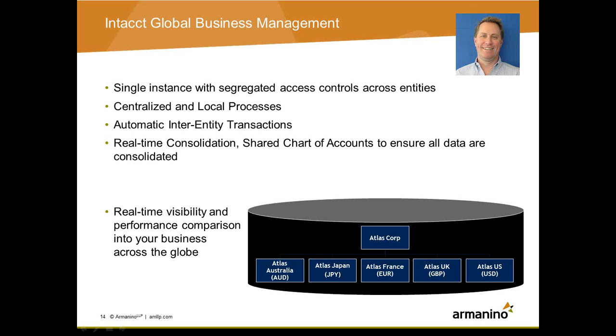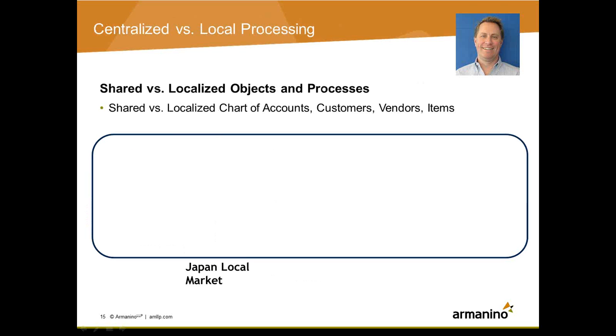Today we see a lot of our clients having to go in and pull that data from one system after another and then manually consolidate it. Within Intact, we can do that all within one system, and it's just a matter of identifying which location or combination of locations we're pulling that for. So that really gets into that centralized processing that we have.